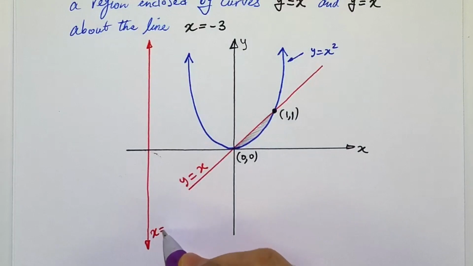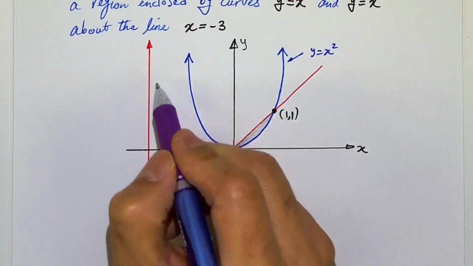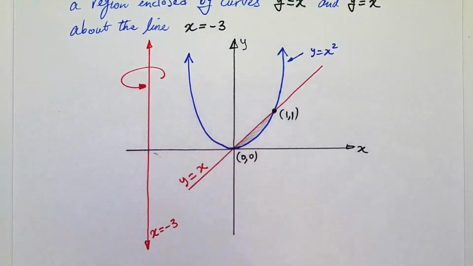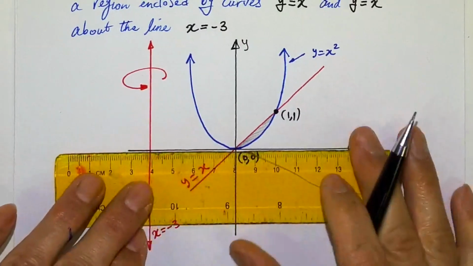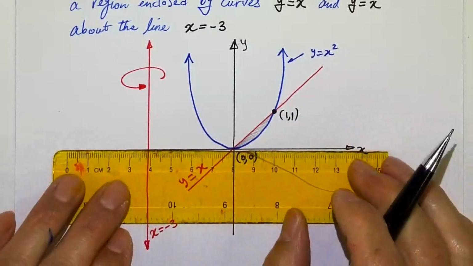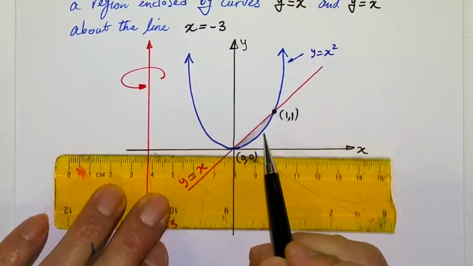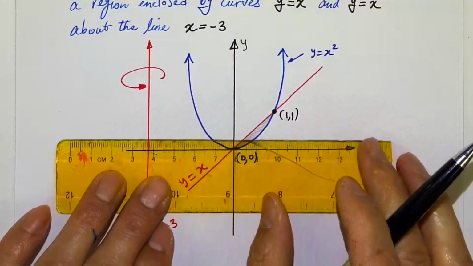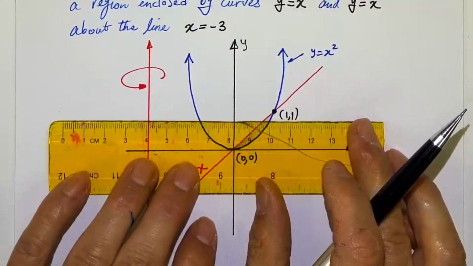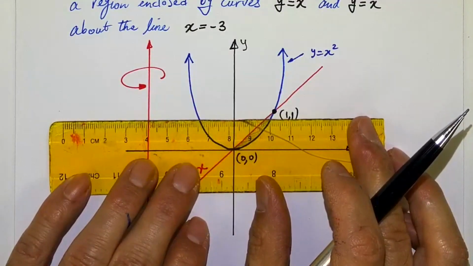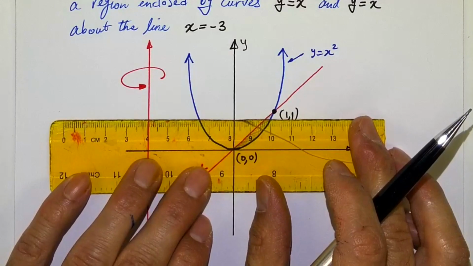So this is x equals -3, and we want to show that as the axis of rotation, so this region about that. Okay, so then of course this is going to be another washer as we rotate this region about that axis. And let me establish the inner and the outer radii.